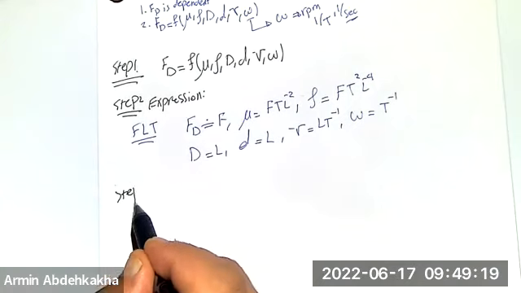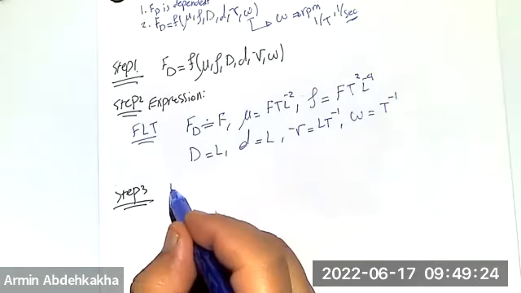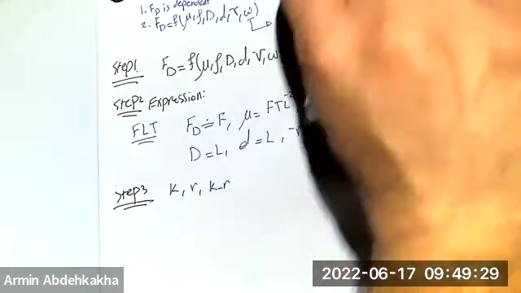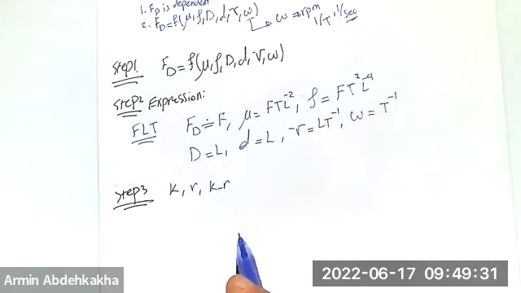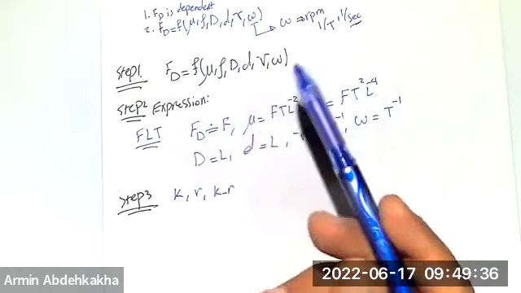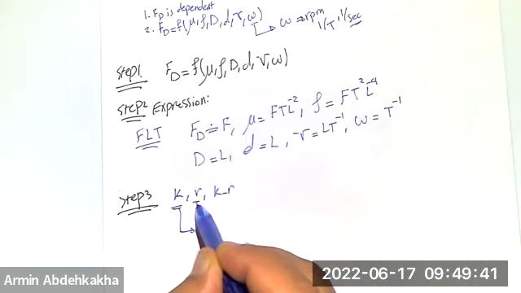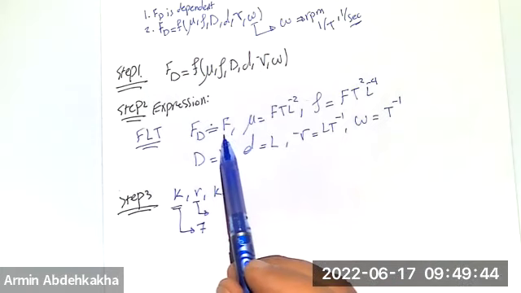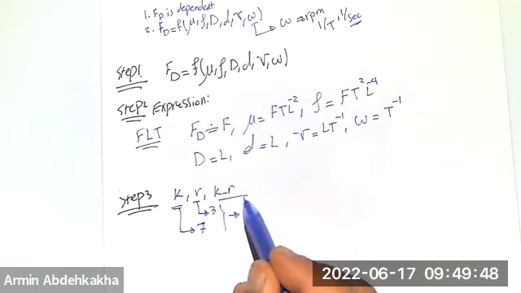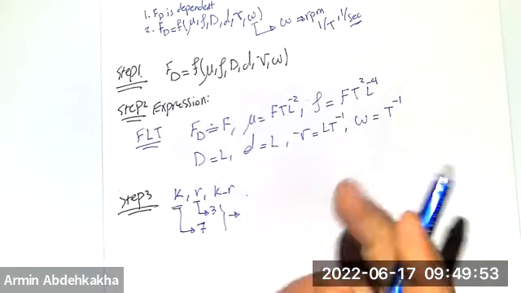Step 3: calculation. So K, R, and K minus R. K is 1, 2, 3, 4, 5, 6, and 7. So K is 7. R is the number of reference units, 1, 2, and 3. Then using these two, K minus R would be 4.